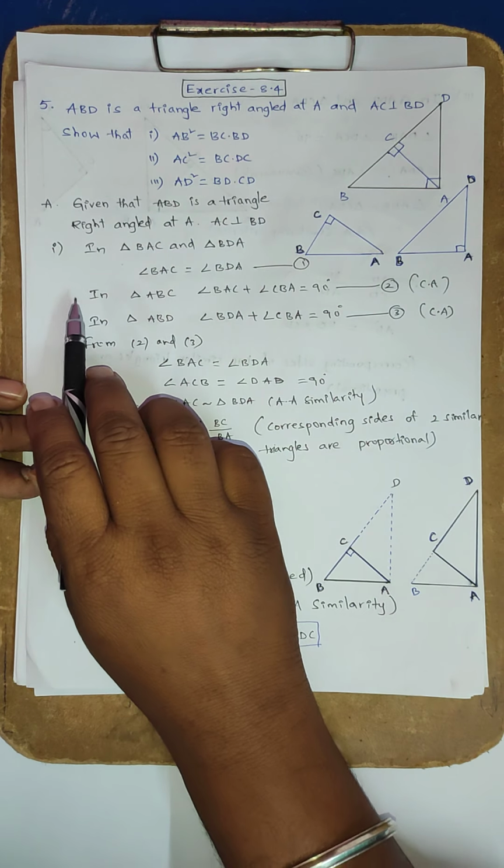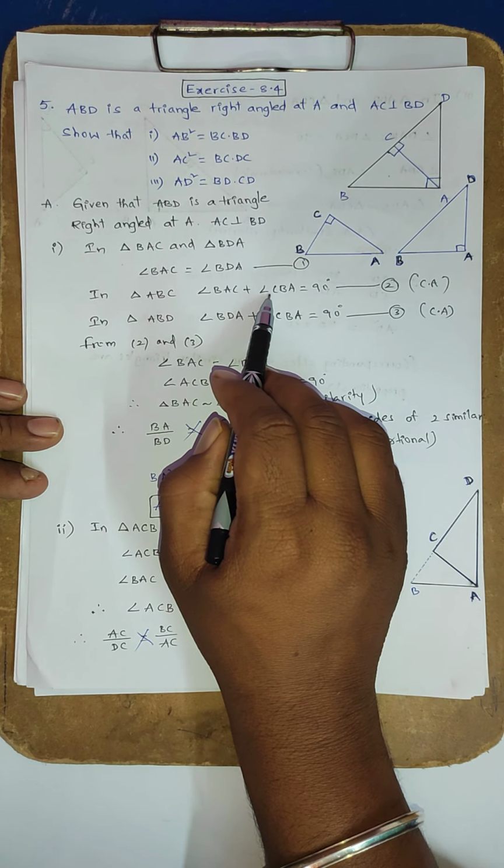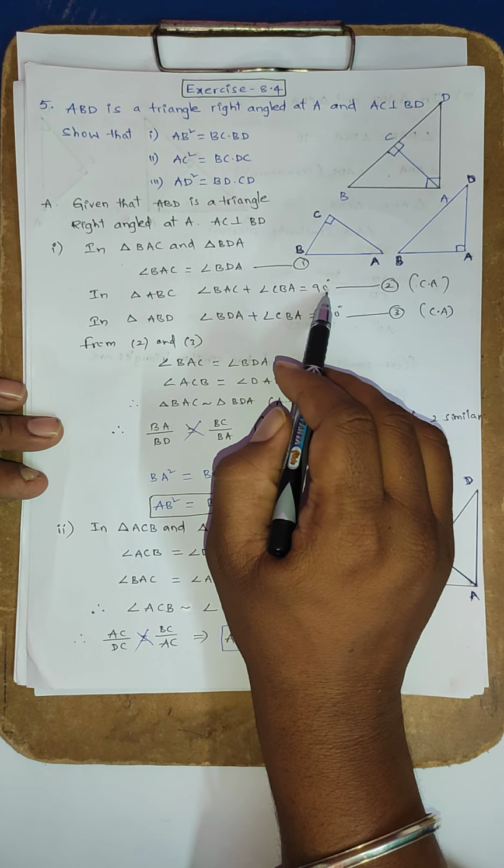First, in triangle ABC, angle BAC plus angle CBA is equal to 90 degrees.